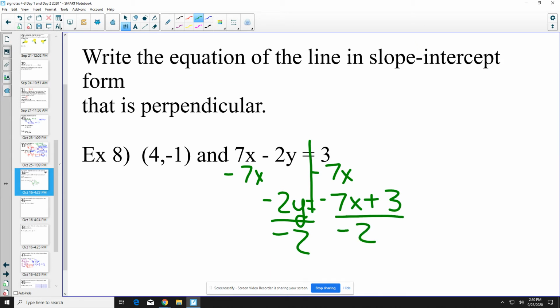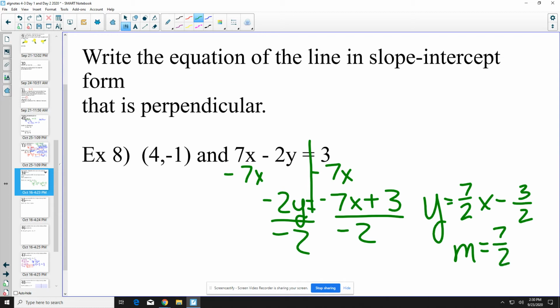So when I divide by -2, I should have y equals, let's see, I've got -7 over -2. That would be a positive 7/2 x, 3 over -2 would be -3/2. I just need to know the slope here though. So the slope of this line is 7 over 2.